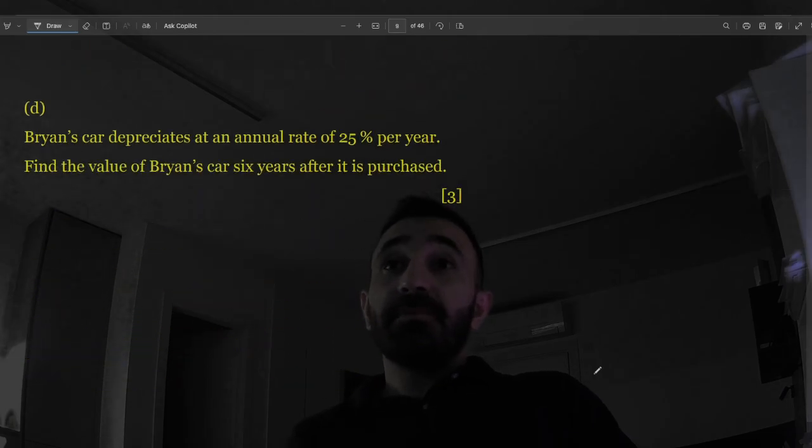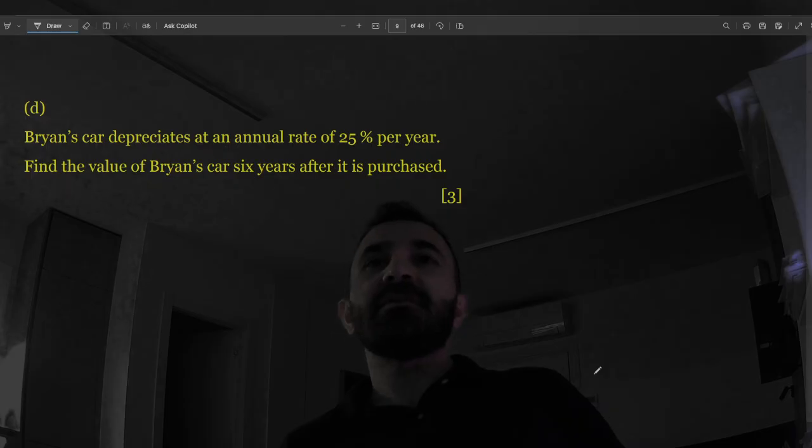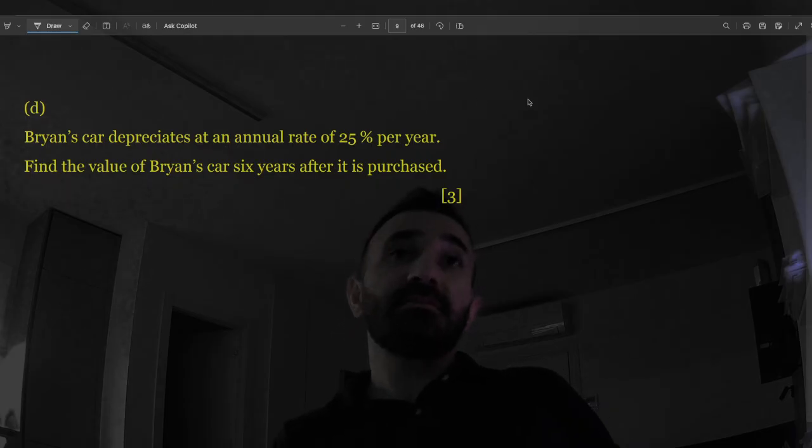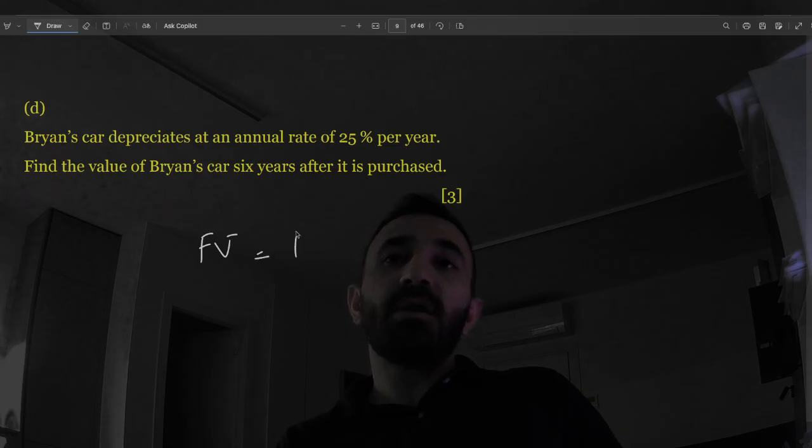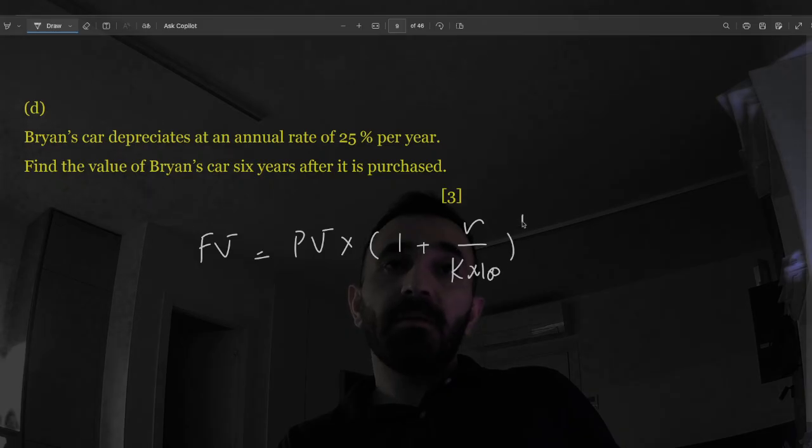Brian's car depreciates at an annual interest rate of 25% per year. Find the value of Brian's car 6 years after it is purchased. Okay, so this time maybe we can use this formula. Why not? You don't have any regular payment, so you can use this formula. Okay, I'm going to find the future value.